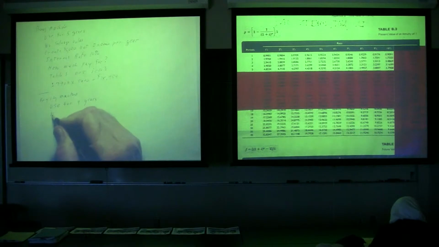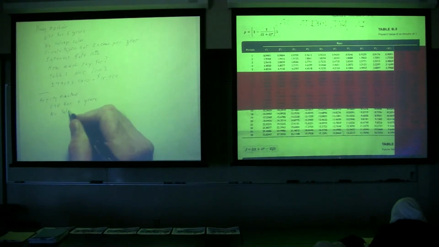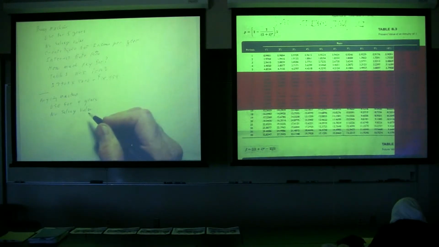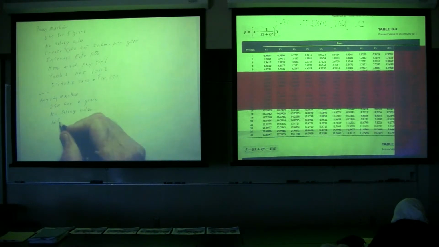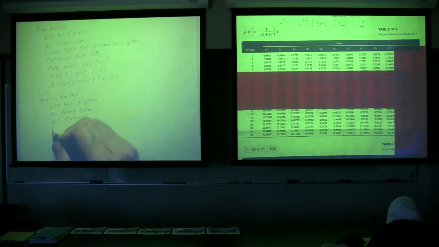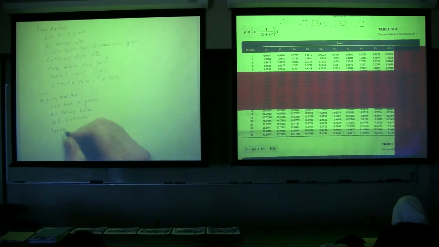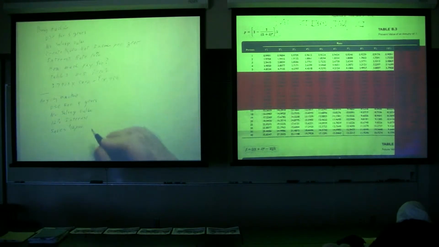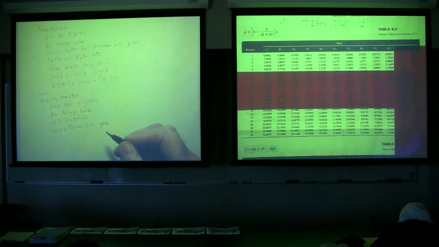Again, it has no salvage value just because it makes it easier to work with. 12% interest. And it saves you $10,000 per year. Okay? How much should you pay for it?